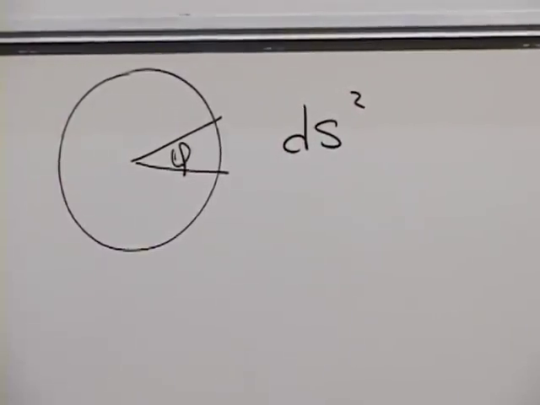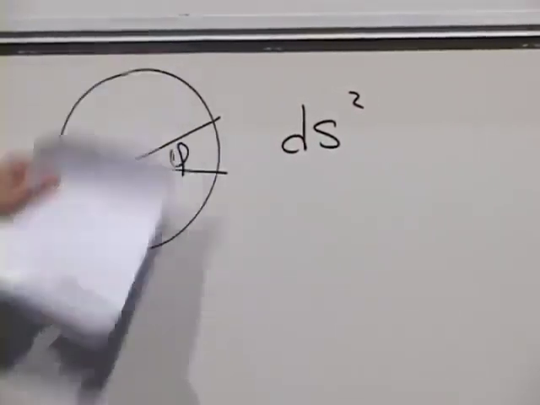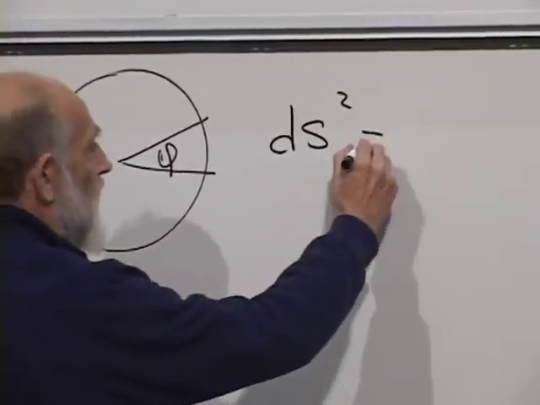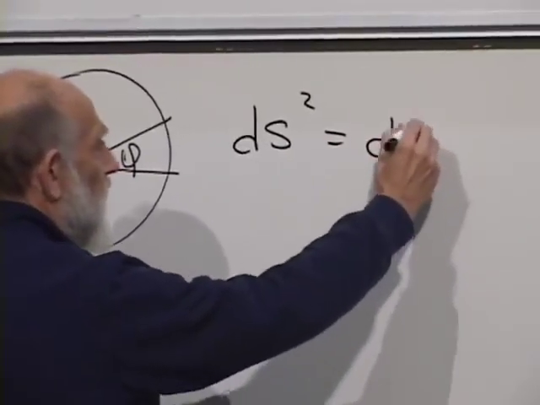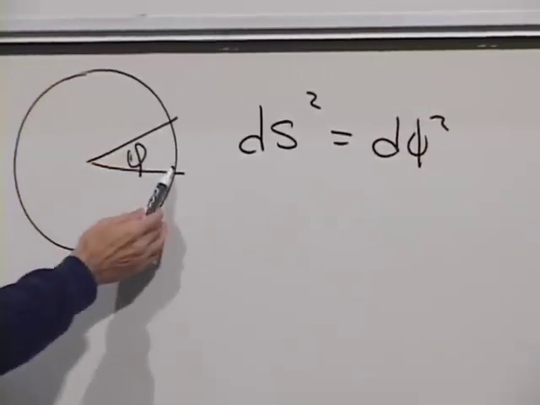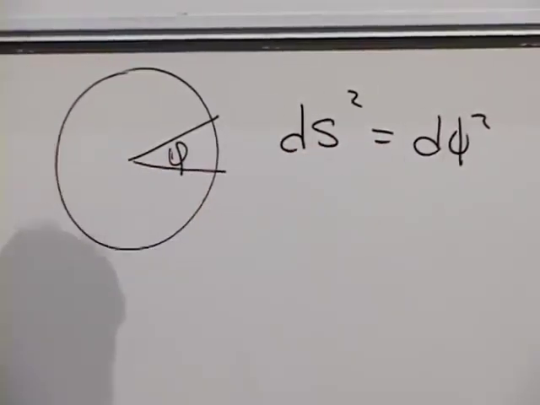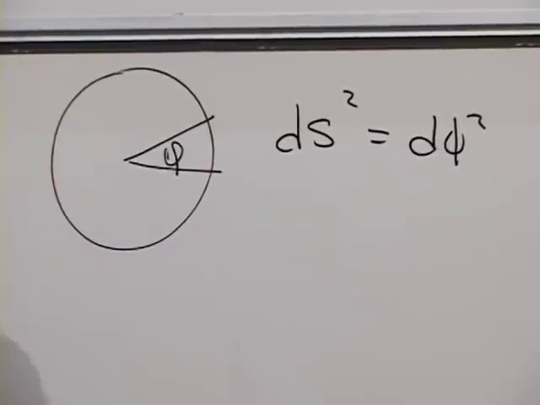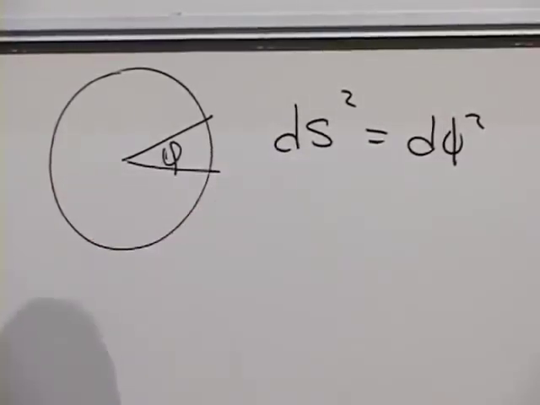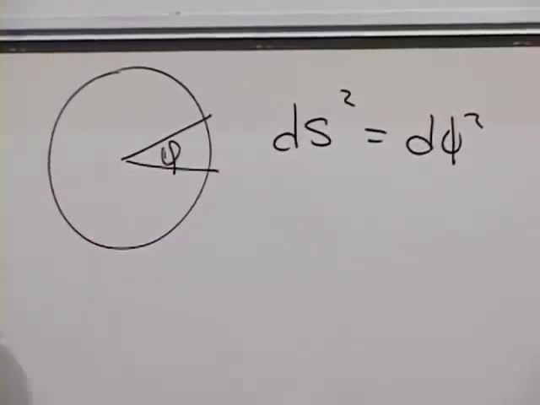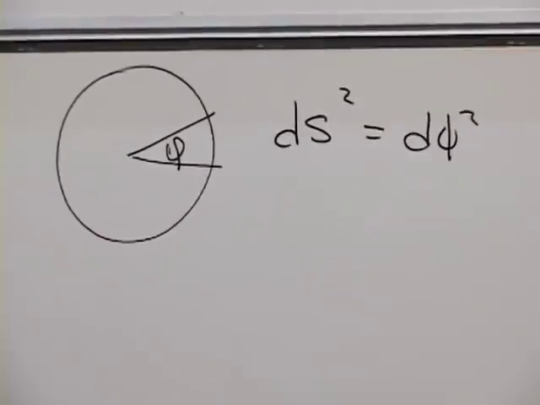It's just equal to d phi squared. The distance along the unit one sphere is just proportional to the angle. Just to keep everything positive, I've squared it. It would just be d phi squared. That would be the metric of a one sphere.